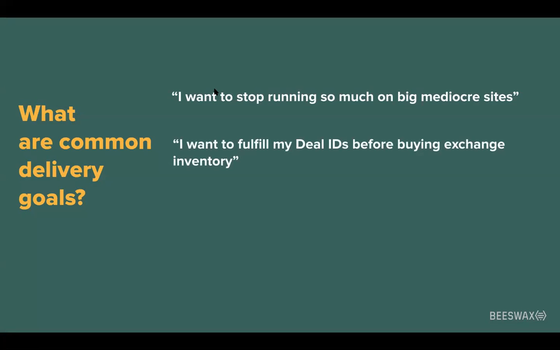Another thing we hear is I want to fulfill my deal ID budget before buying open exchange inventory. So there's some notion of premiumness of inventory, whether it's through deals or some other mechanism, and I want to spend more of my budget on that than open exchange.